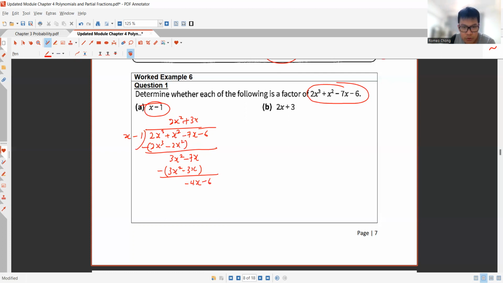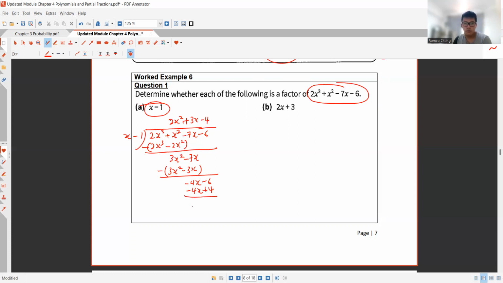Now you want to remove the negative 4x, so the same thing: multiply by negative 4. Negative 4 times x gives minus 4x, and negative 4 times negative 1 gives a positive 4.